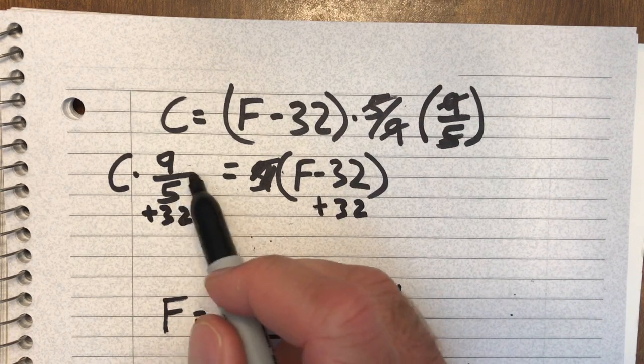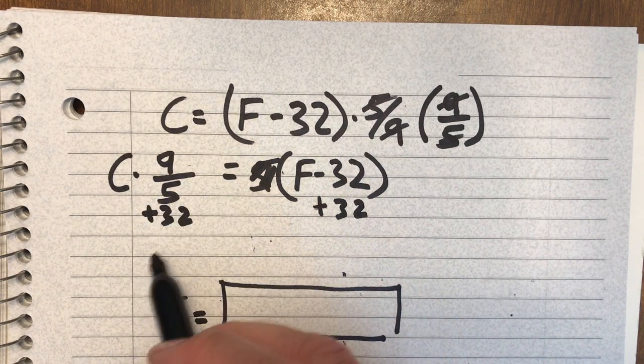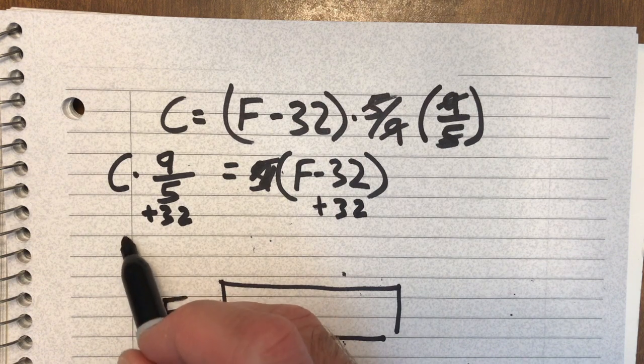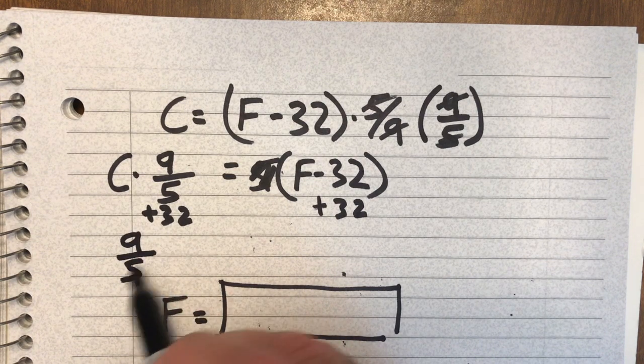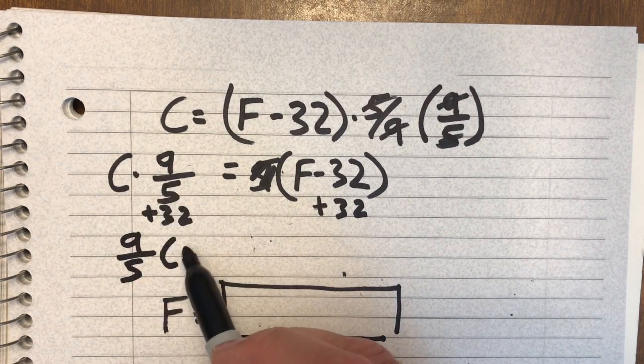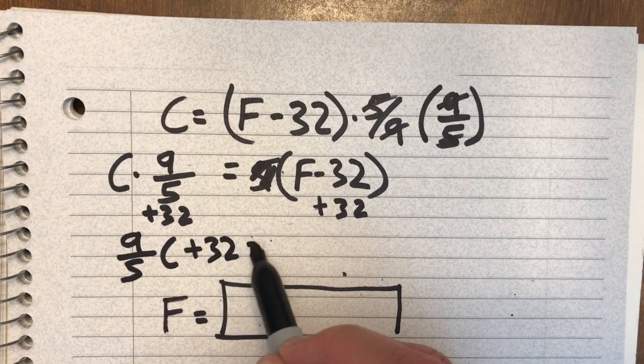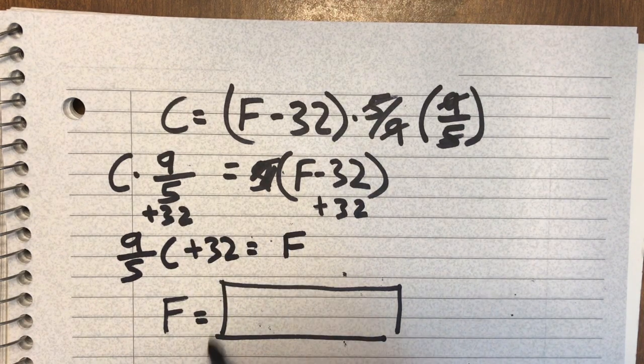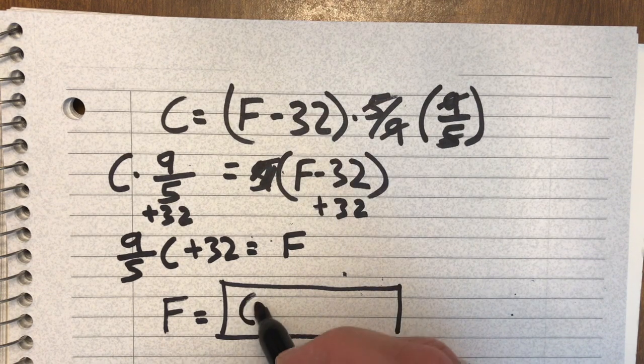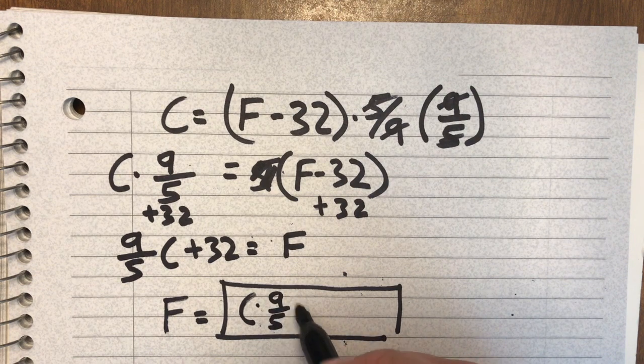The 32 doesn't really get added to any of these things, it just gets rewritten next to it. So you're going to have 9/5 C, just reordering that, plus 32 equals F. So the formula for Fahrenheit is C times 9/5, or 9/5 C, plus 32.